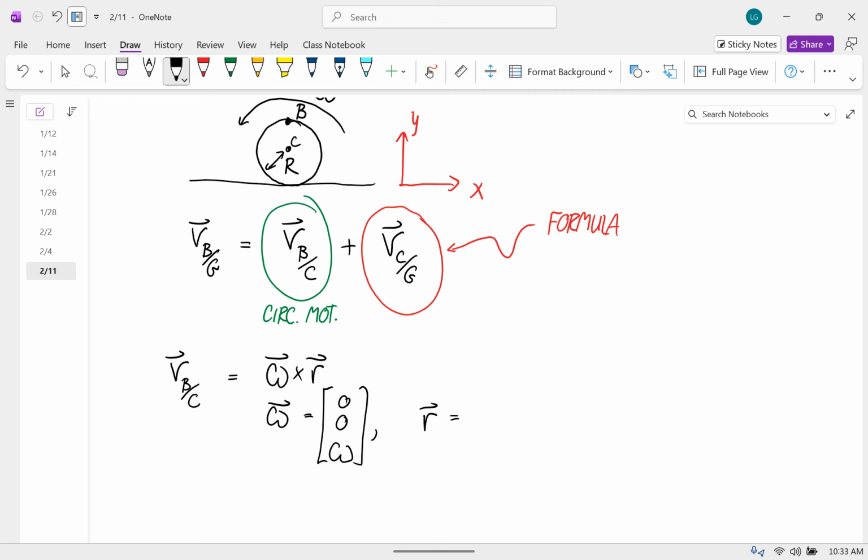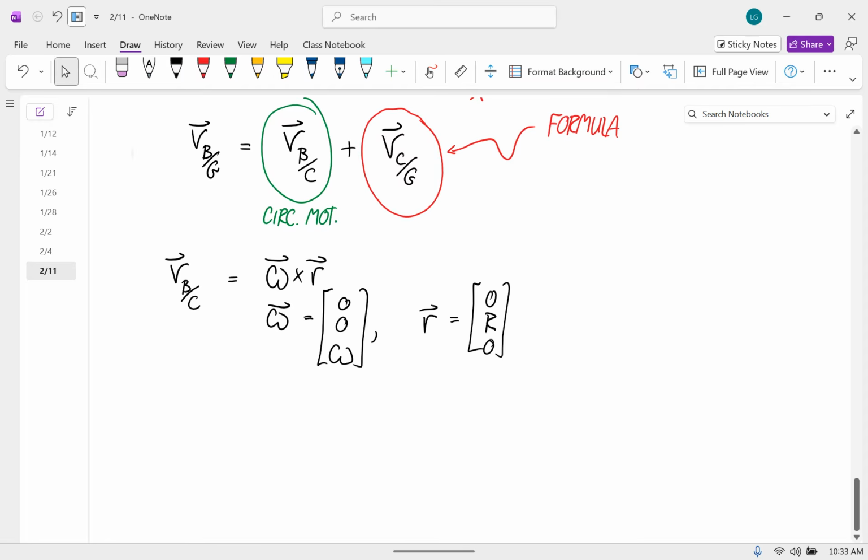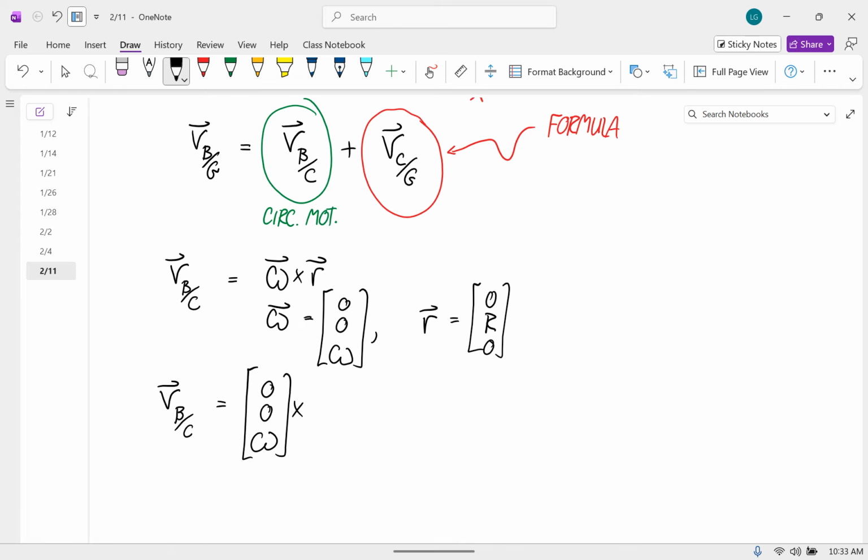What is it this time? Yep, 0, positive R, 0. And so the velocity of B relative to the center is equal to 0, 0, omega crossed with 0, R, 0. And this time we get negative omega R, 0, 0.